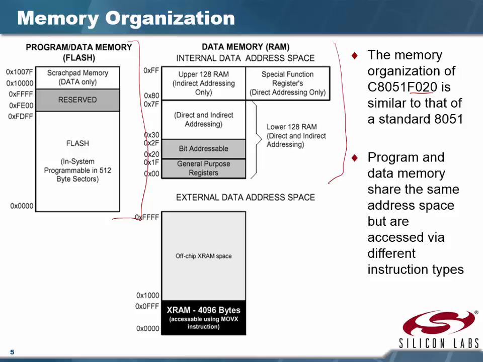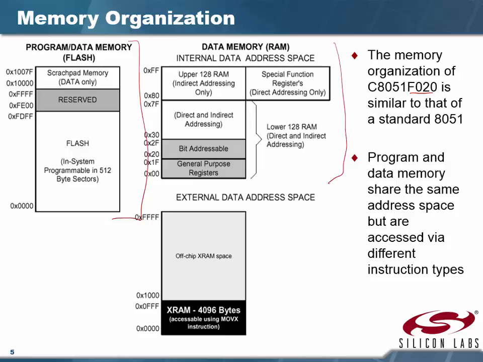Again, it's in any textbook. You can Google that. But I get the two of them confused. One of them has one memory addressing space. In other words, program memory and data memory are in the same set of addresses.